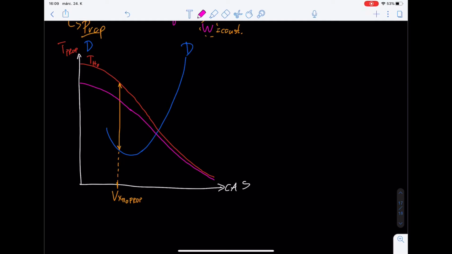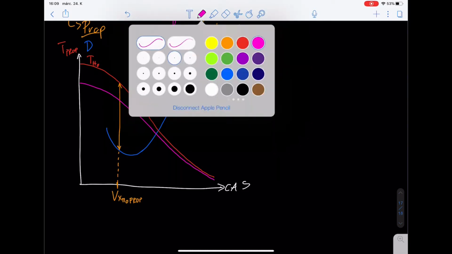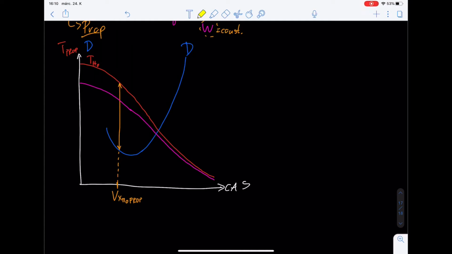Okay, and what is visible, interestingly, is that the excess thrust is going to be visibly lower, but the speed for the best excess thrust is going to occur at a higher speed.